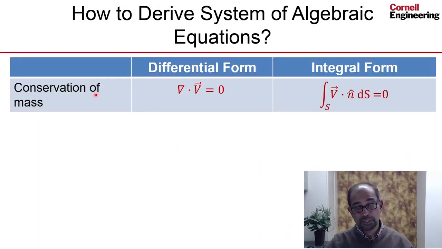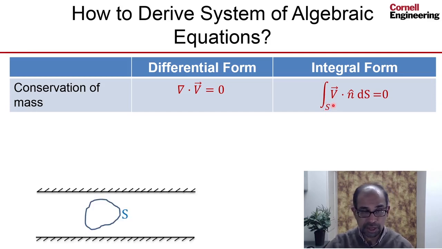So if we look at conservation of mass, that's a differential form, and the equivalent integral form is shown over here, and that integral applies to any arbitrary control volume within the flow domain. This just states that the net volume flow out of any arbitrary control volume has to be 0.